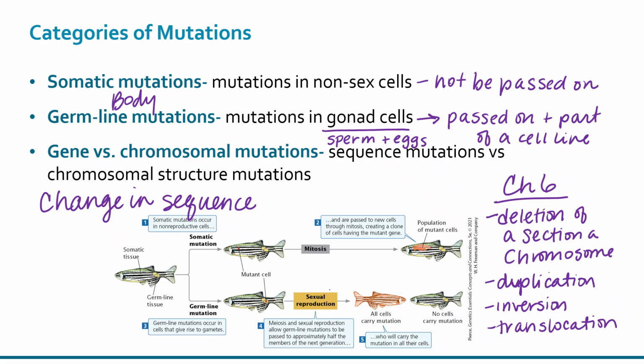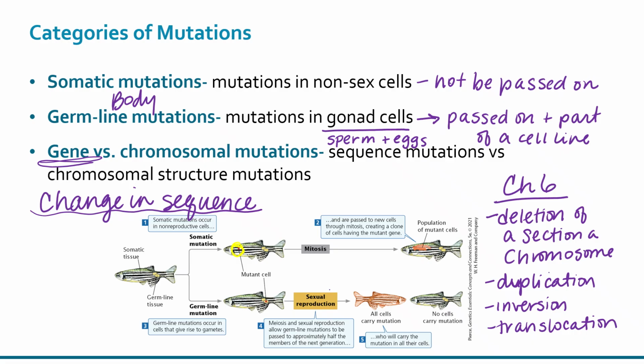We are going to touch just very briefly on expanding repeats again, but usually repeats in a genome are going to be on a smaller scale. So we are going to focus on these gene mutations, or changes in sequences. So if we have a gene mutation that happens in a somatic cell, then this mutation, found here on the skin of the fish, is only going to be found in any cells that come from that specific region of the body.